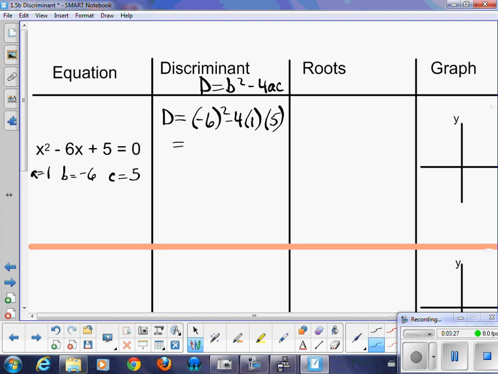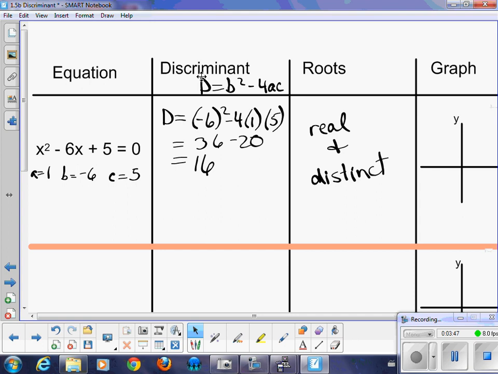We end up with 36 minus 20, so we have 16. That tells me it is greater than 0, so I know I have real and distinct roots, crossing in two different places.